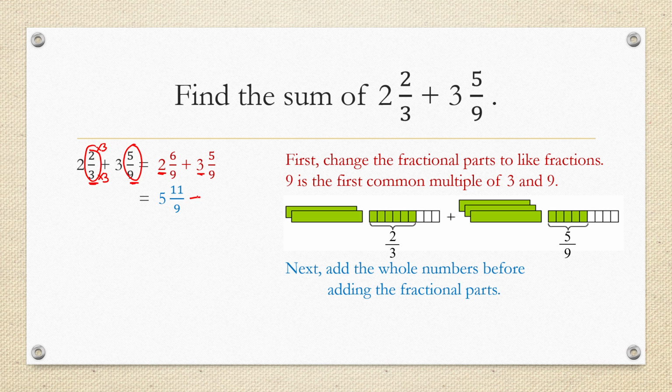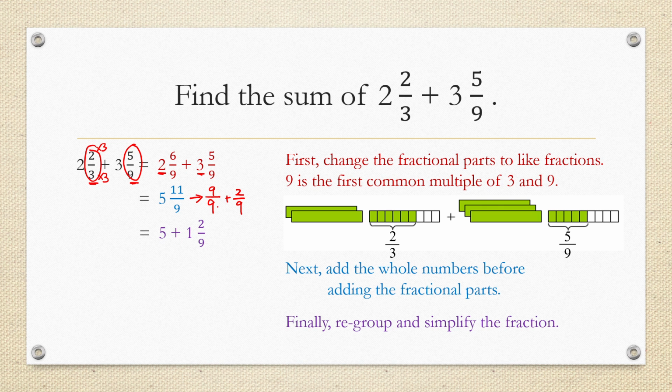So we're going to regroup this into 9/9 plus 2/9. In other words, this 9/9 here is actually 1, so we have 1 2/9. Okay, so 5 wholes plus 1 2/9. In other words, we will get 6 2/9, and that is our answer.